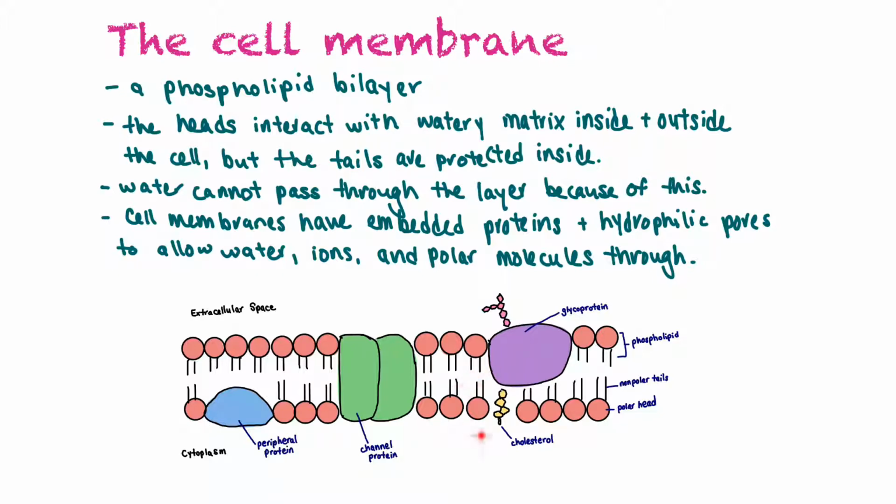Also, you'll see here, cholesterol is embedded in the membrane, and cholesterol's job is to change the fluidity of the membrane. So it's found in animal cell membranes. It's mostly hydrophobic, so that's why most of it is embedded into the fatty acid tail portion of the phospholipid bilayer.